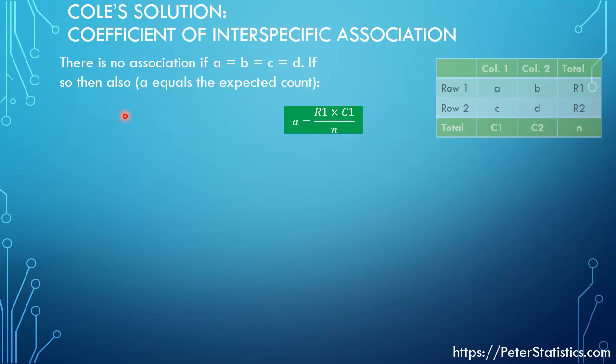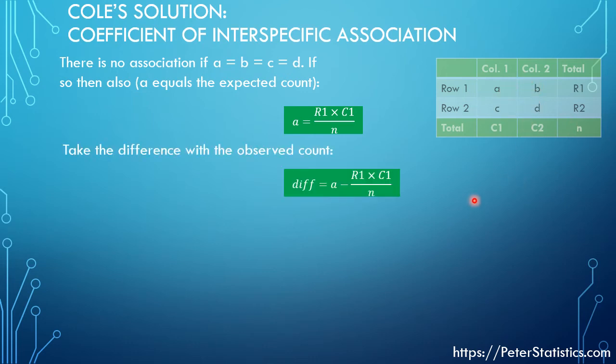And the expected count can be found by simply taking the row total, multiplying it by the column total, and dividing it by the grand total. So if this value matches the expected count, then there is no association in the 2 by 2 table. So if we want to see how far off we are from no association, we can simply take that A value and subtract it from its expected value.